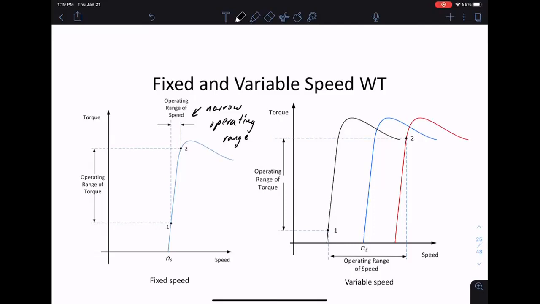Then one innovation in wind turbine design is to make a variable speed wind turbine, where the operating range is quite a bit wider. We can operate over a much wider operating range, so that makes the turbine much more efficient. You can capture power over a much wider range of wind speed. That's a very important innovation.